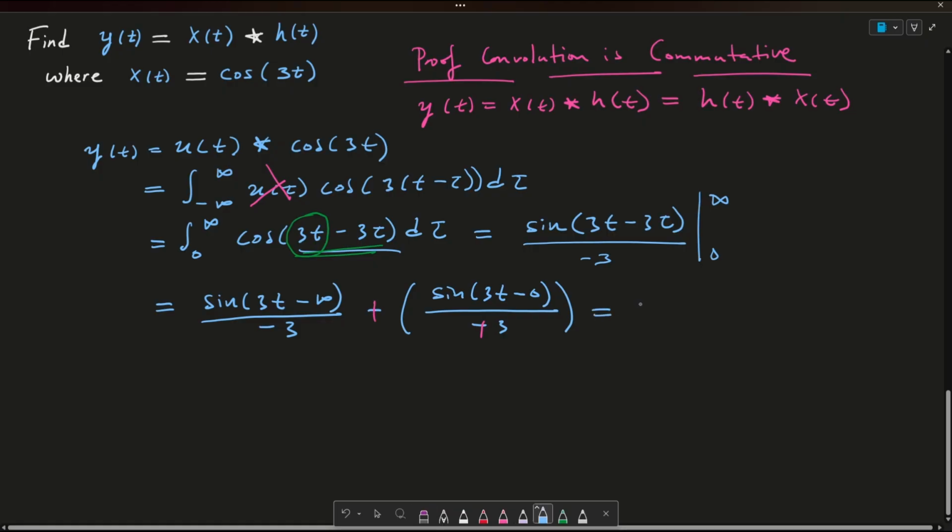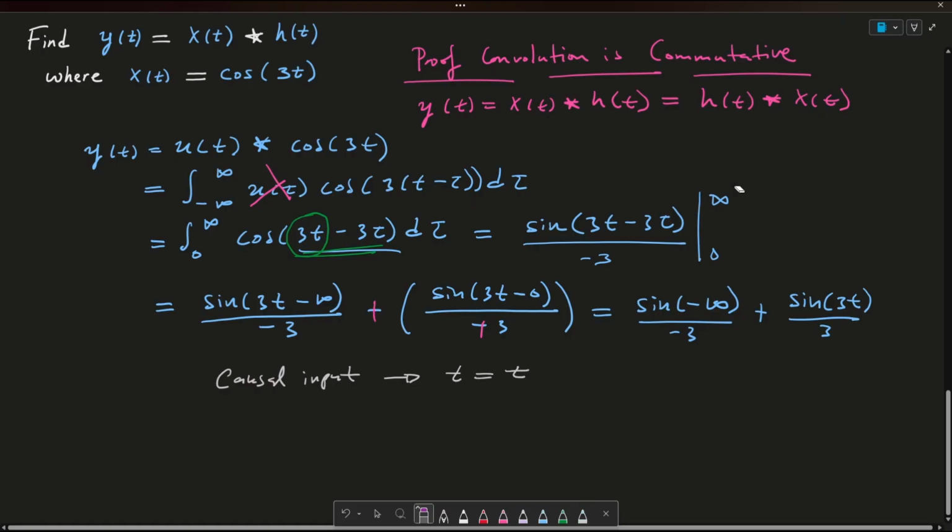So then this is equated to sine of minus infinity over minus 3 plus sine of 3t over 3. Similar to the previous slide, if I take a practical causal input, where in this case t actually has a limit equated to t, where essentially here, instead of having my integral go all the way to infinity, I restrict it to t. All right, let's go ahead and see what we get.